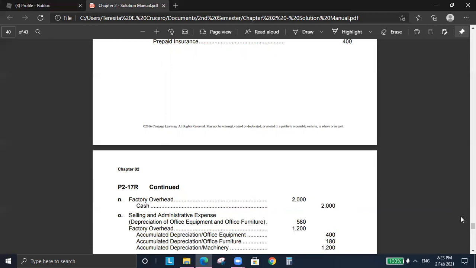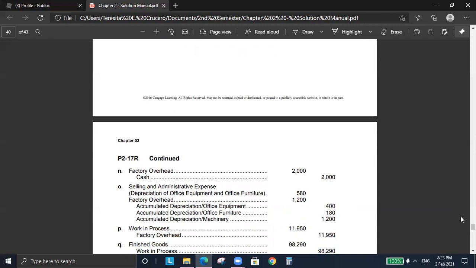Then we debit factory overhead, this now depreciation on machinery, 1,200, and credit accumulated depreciation on office equipment 400, credit accumulated depreciation on office furniture 180, and credit accumulated depreciation on machinery.